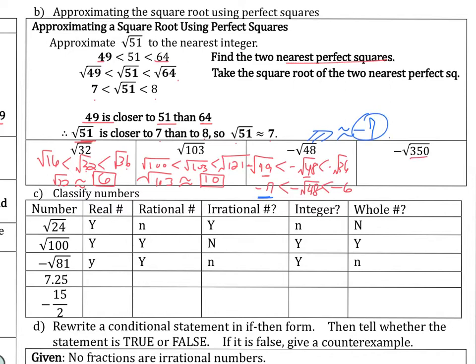And for the next one, we could think of 361. You can also think of 324. So the square root of 361 is 19. So here we have negative 19.